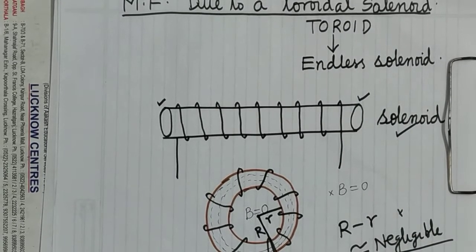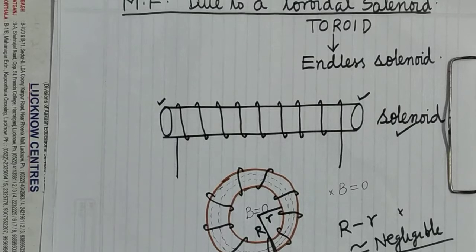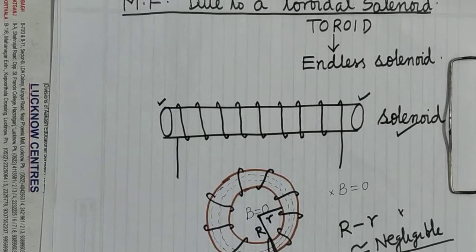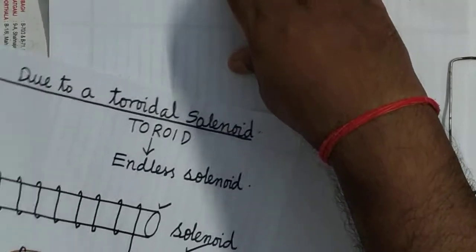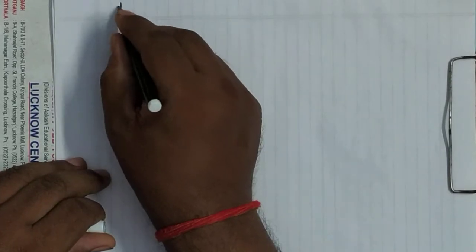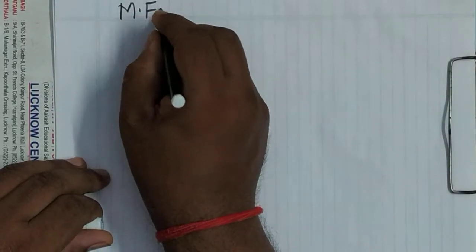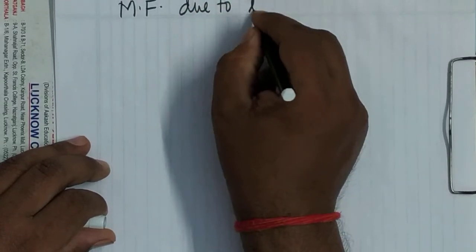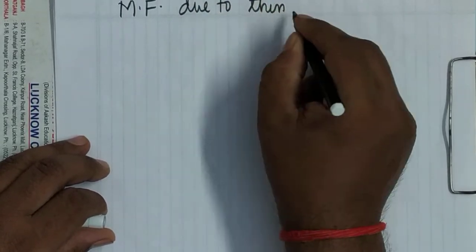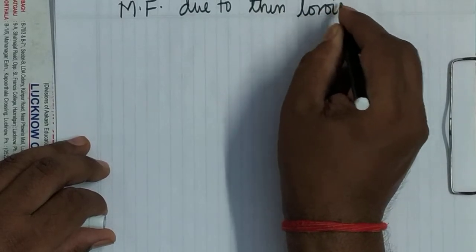Here I have taken a toroidal solenoid on the plane of paper. Magnetic field due to a thin toroidal solenoid.